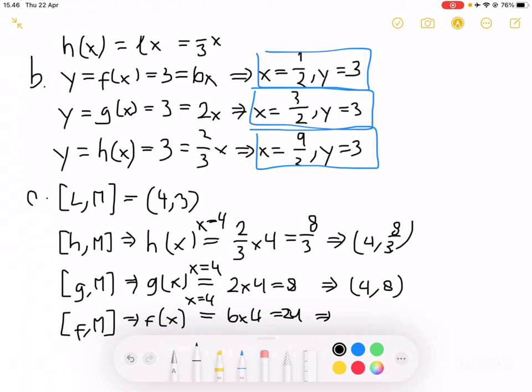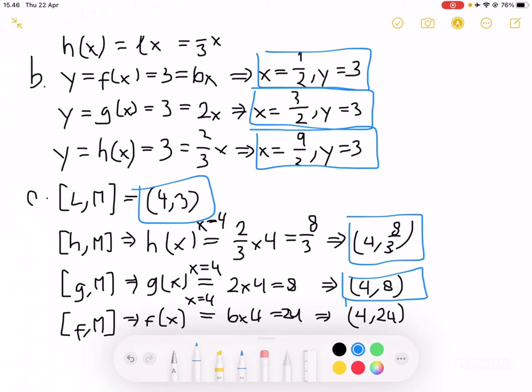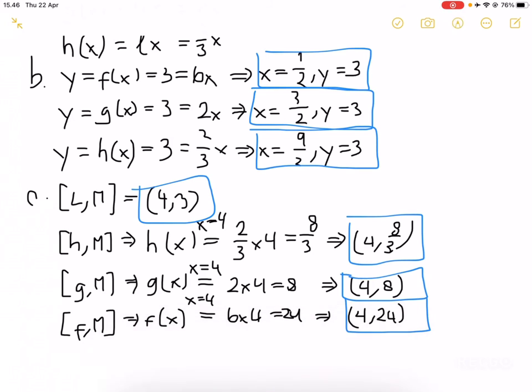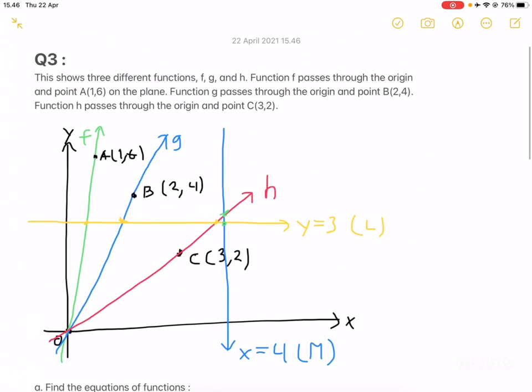And therefore, the coordinates of intersection will be 4, 24. So these are the results. So 4, 3, 4, 8 over 3, 4, 8, and 4, 24. Alright, so that's it for question 3. I shall move to question 4, which is the last question.